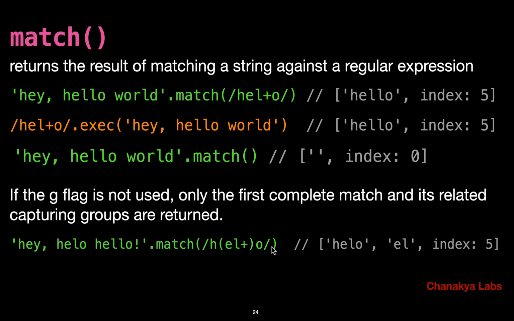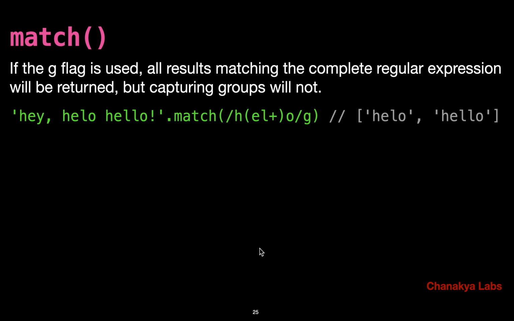However, if we provide a g flag, then only the matches, no capturing groups, are returned. So here you can see that the two matches HELO and HELLO are both returned, but the capturing groups are not returned.